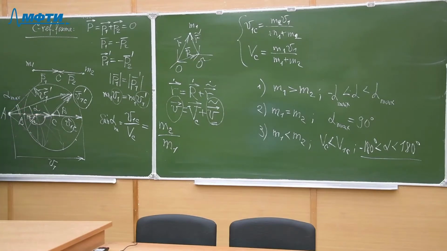That's the angle of deflection. It's when the light particle impinges against the heavy particle and recoils backward. Then it will go backward, and the scattering angle will be 180 degrees.